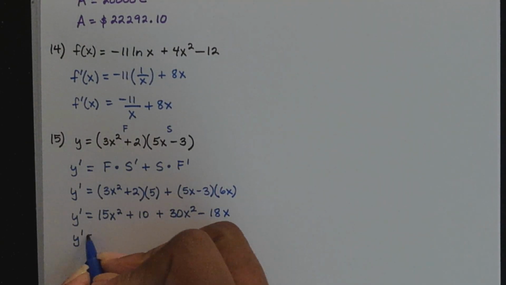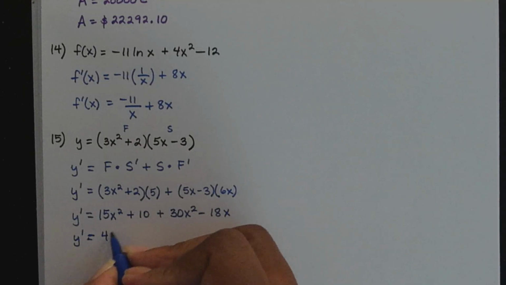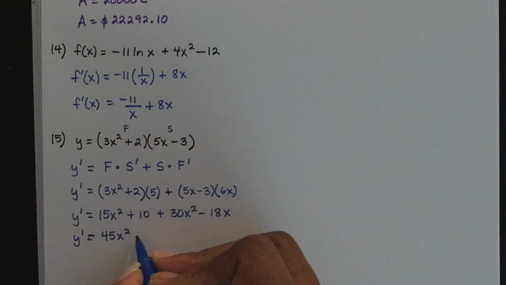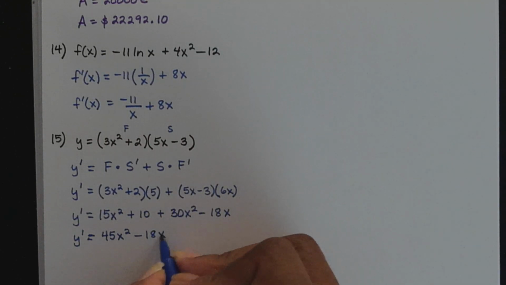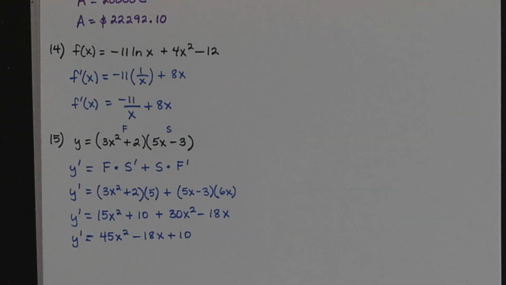And we can go ahead and combine some like terms here. 15x squared and 30x squared will give us what? 45x squared. And then the rest I just have to bring down as minus 18x plus 10 using descending powers.